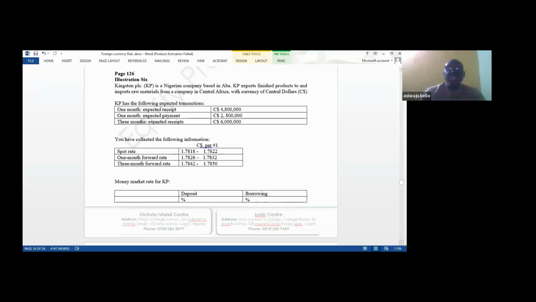You have collected the following information: Central dollars per Naira. You are given the spot rates. The spot rate is for transaction now. You have 1 month forward rate, and you are given 3 month forward rates.